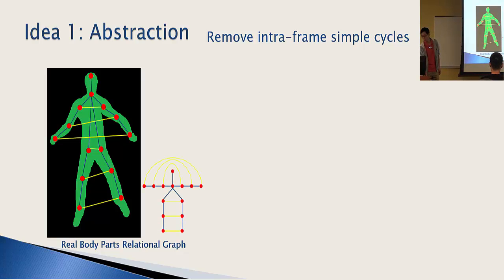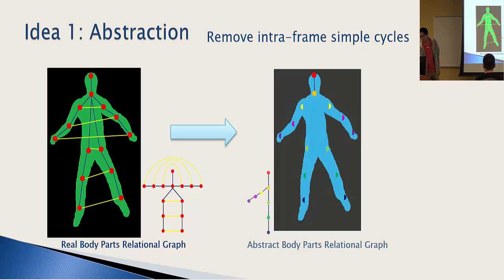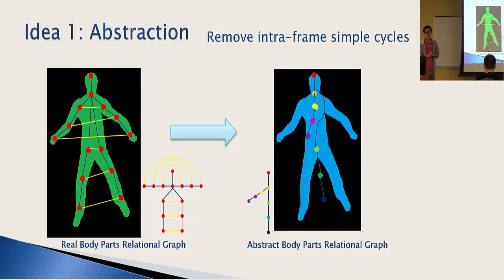The right side is the abstraction of this graph. What we did is combine the symmetric body parts, like the 2 feet, 2 arms, 2 hands, together into one single node. Actually, we combined 2 nodes into 1 node.